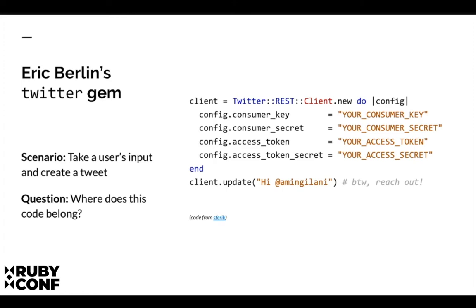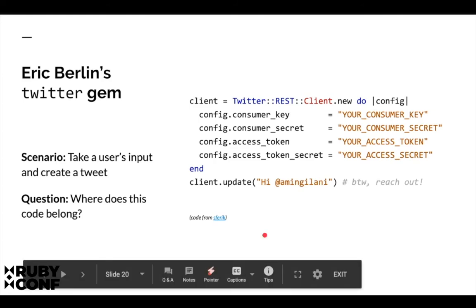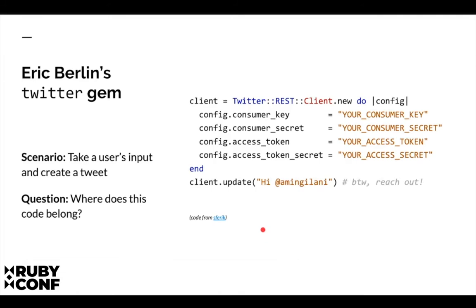And then you create a client object, and then you pass a string to the update method of that client object, and that's it. That's how you create that tweet. But if your objective is to take a user's input and create a tweet, you would most likely put this into your controller, because where else would you put it, right?